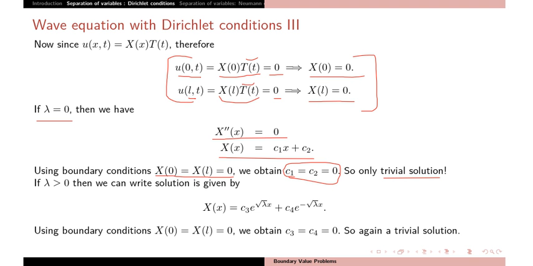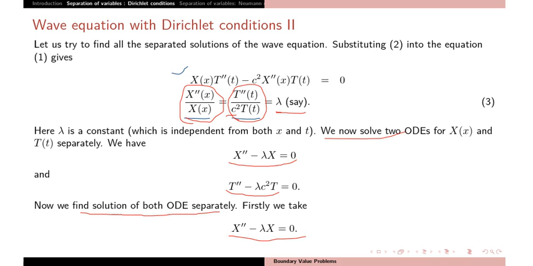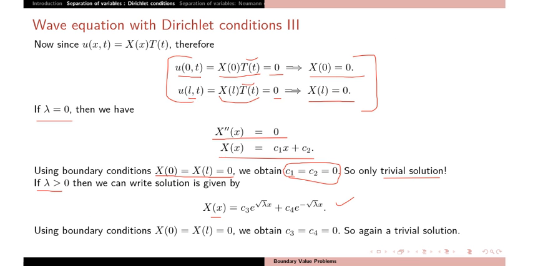Okay, so if lambda is positive, then we can write the solution in exponential form. So if lambda is positive, what you have is the ODE X double dash minus lambda X equal to 0, so the solution will be in exponential form: c3 e power root lambda x plus c4 e power minus root lambda x.